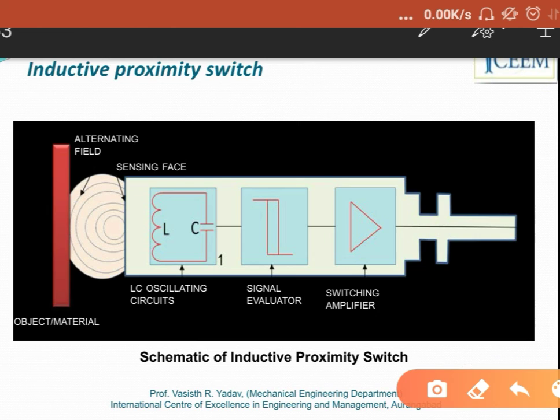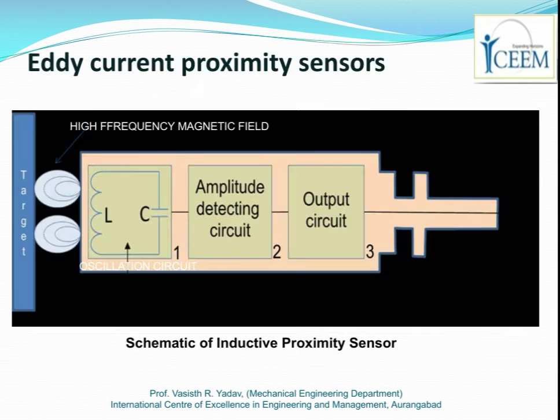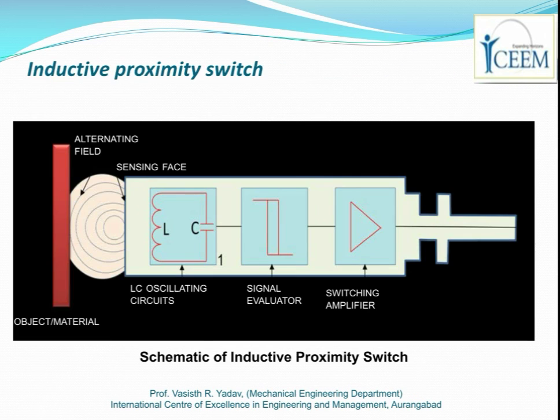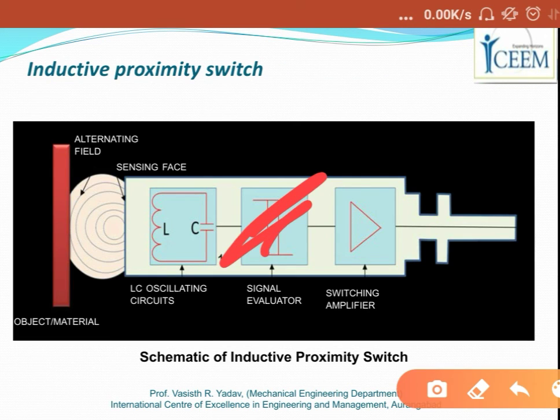Now let's talk about its working. Inductive proximity sensors are basically used for detection of metallic objects, right? In case of the eddy current sensors, the previous sensor, they were basically used for detecting a non-magnetic but conductive material, whereas inductive proximity sensors are basically used for detection of metallic objects.